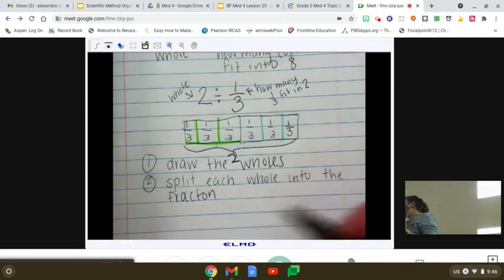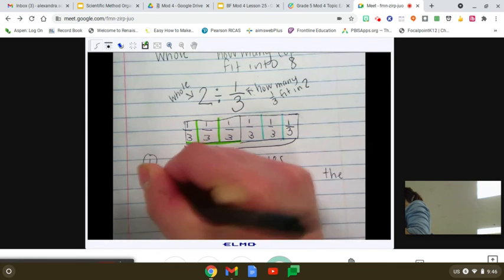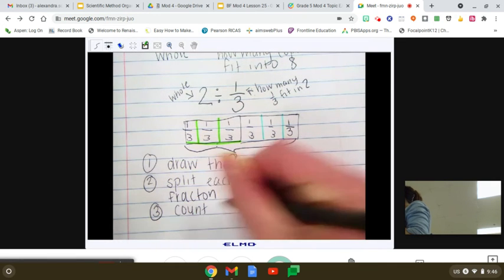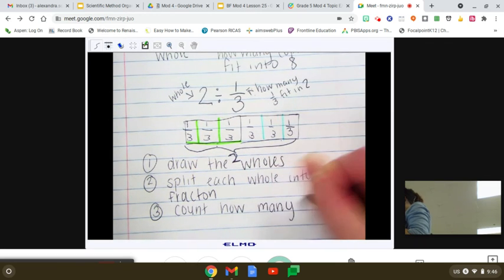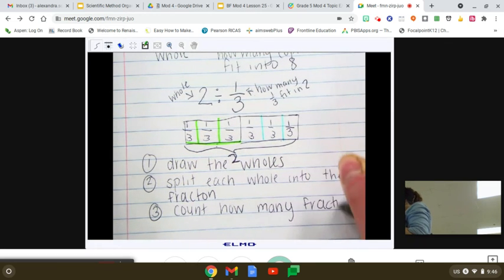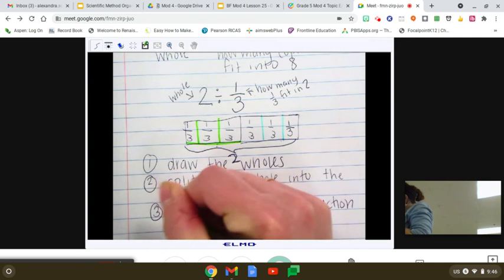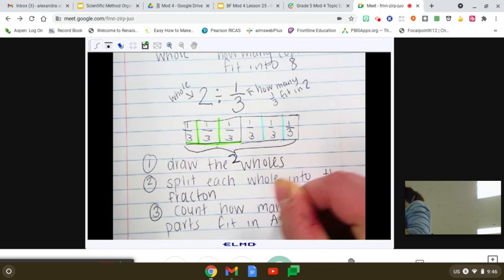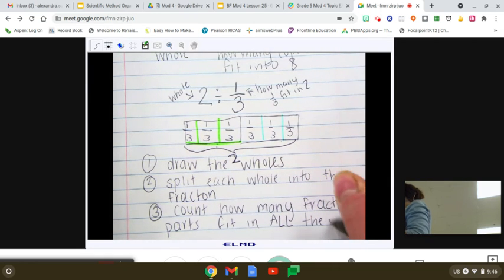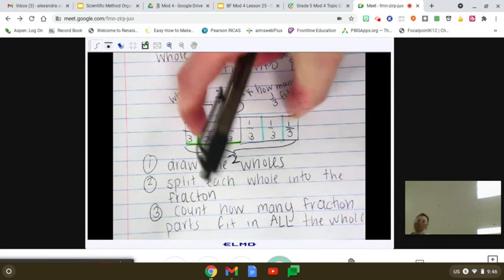Then we take a look and we count how many fraction parts fit in all the wholes. Remember, if you have 2 wholes, it'd be how many fit in the 2 wholes.